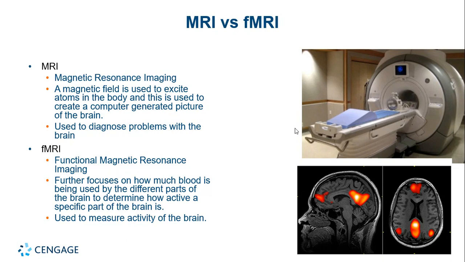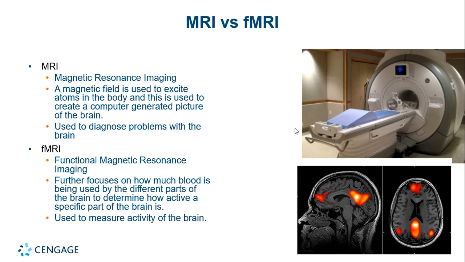What are going to be the different reasons? If they want to know whether you have damage, they might use an MRI or a CAT scan. If they want to see if you have a tumor, because what they're looking for is an image, something that looks wrong.